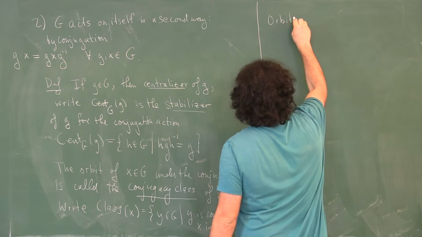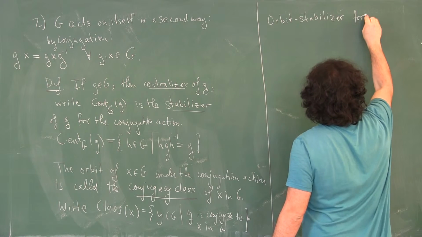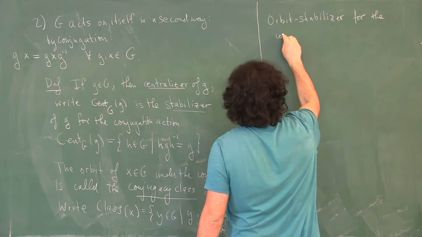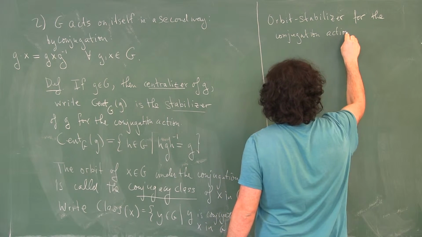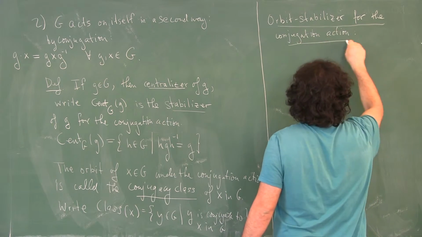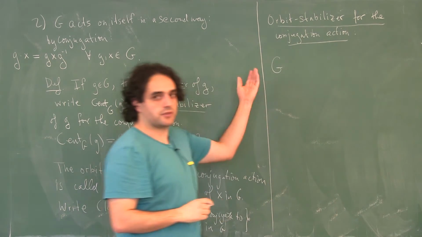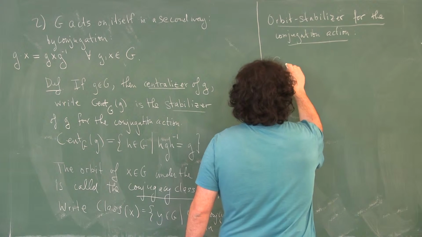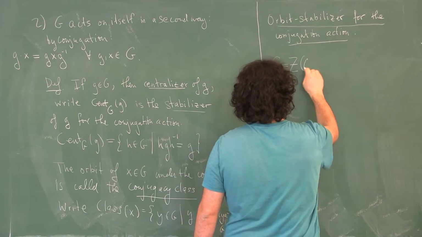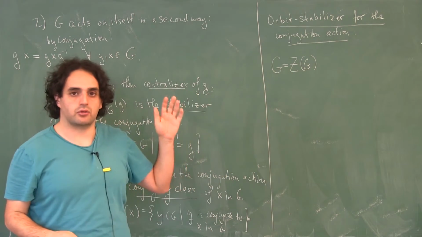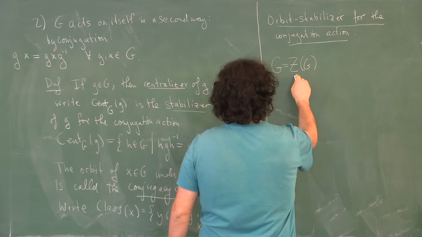So, orbit stabilizer for the conjugation action. We have our set X is G in this case. And we write this as the center of G. So why do we write the center of G? The center of G is the union of the conjugacy classes of size 1.